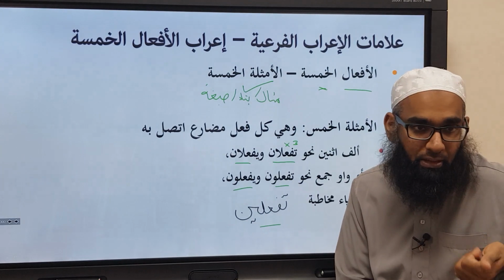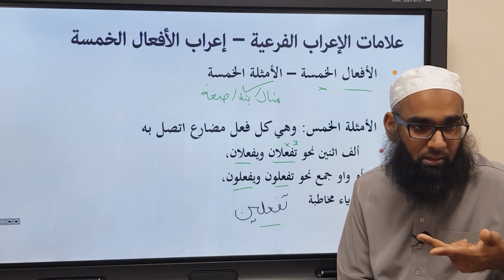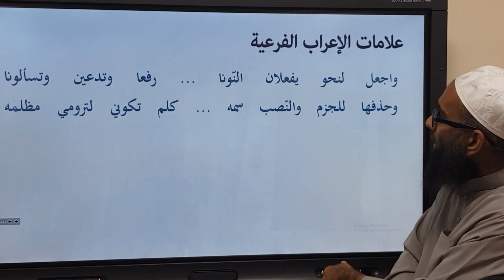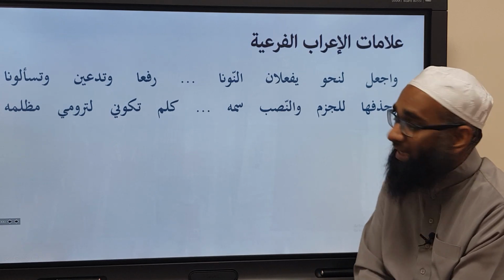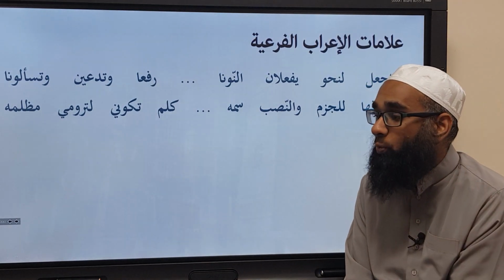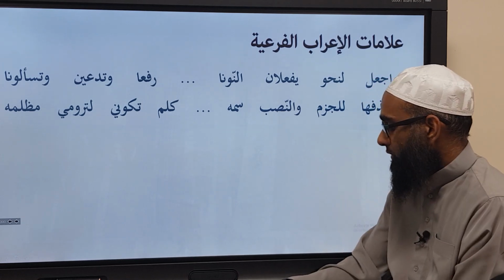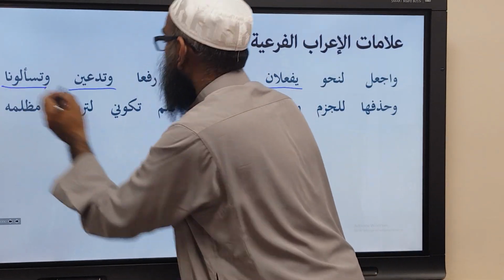And the i'rab is very simple. What's the rule? Thubutun noon when it's marfu' and hazfun noon when it's mansub or مجزوم. واجعل لنحو يفعلان النون رفعا وتدعين وتسألون. So here, this is معطوف عليه, معطوف and معطوف.